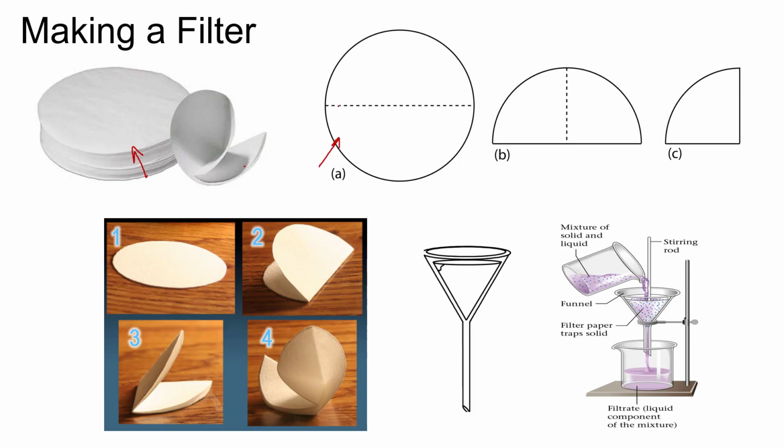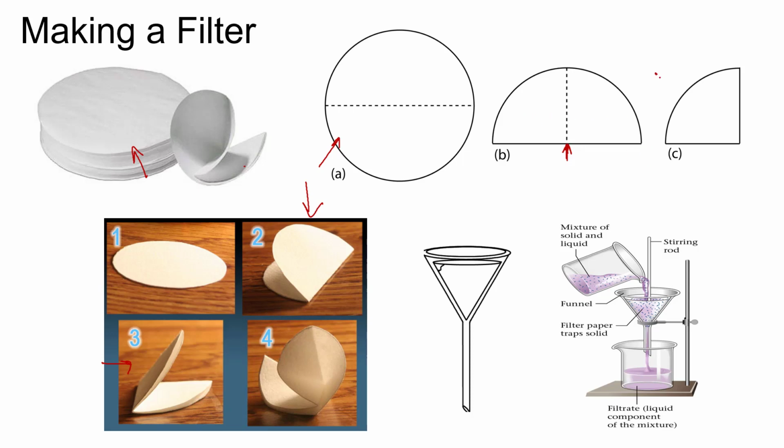First thing you do is fold your filter paper directly in half on the equator of the filter paper. It winds up looking a little bit like number 2 here. Then we fold it in half again, and we wind up having our filter look like it does in number 3. It gives you that Pac-Man sort of look where it is now in quarters.